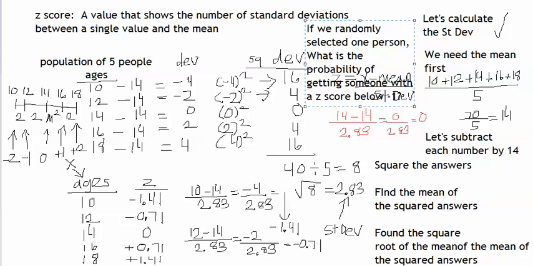Meaning if we randomly selected one person from these 5 people, what's the probability of getting a person with a z-score below -1? Well, how many people are below -1? Only 1 out of 5. So it would be a 1 over 5 probability.